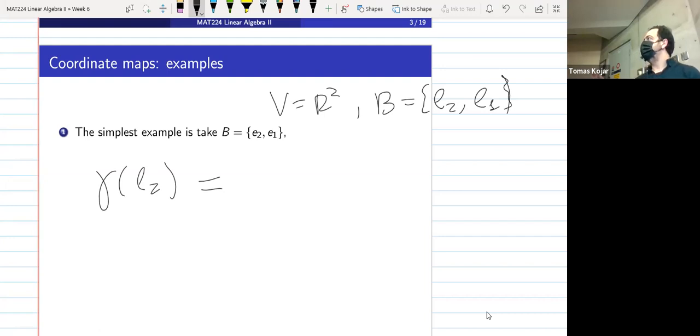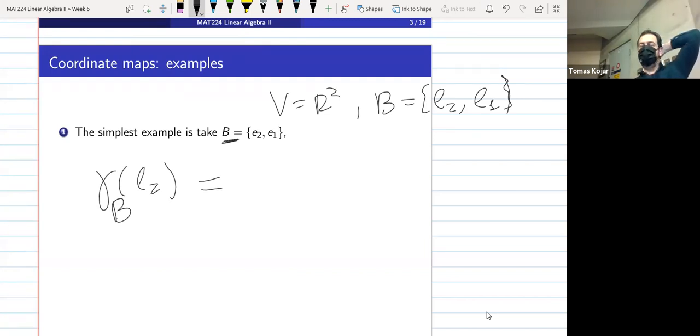The ordering matters. So if we write it like this, yeah. Oh yeah, this is the gamma B. So whatever, but you always map to the standard basis.